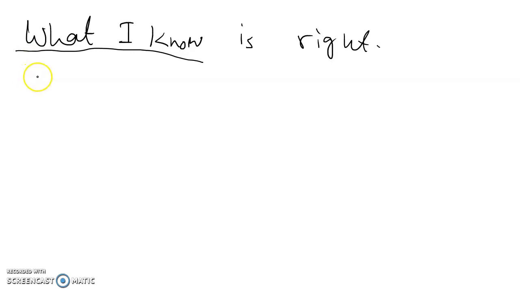This clause is a dependent one. So we have to think in the way that the word what is the beginning of the NP, not the beginning of the whole clause. What I know, you can replace it with something else to understand, like when I say my information is right.